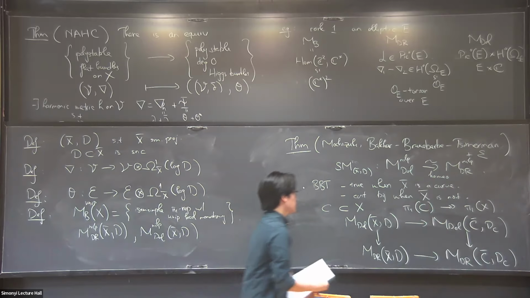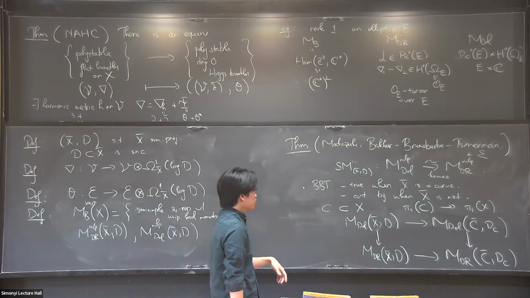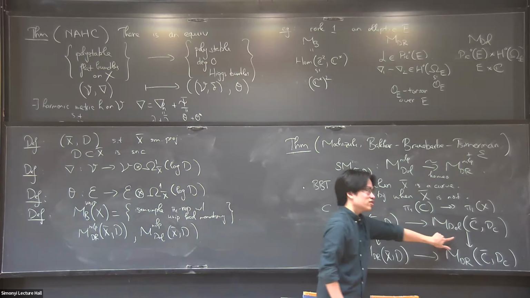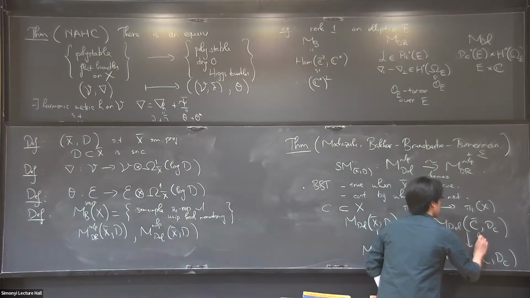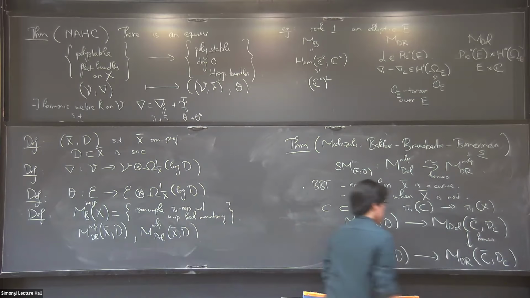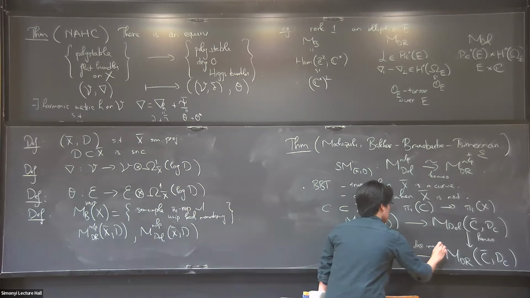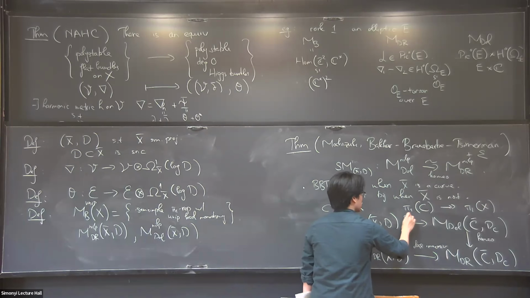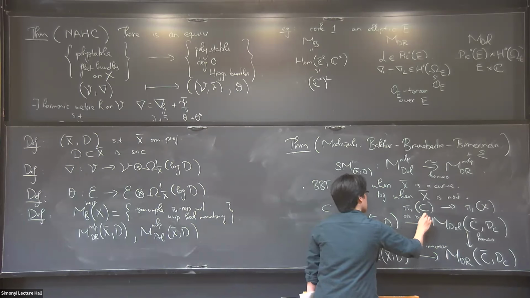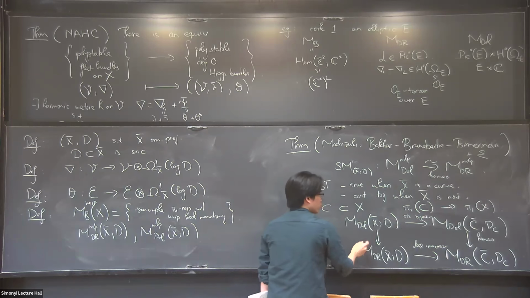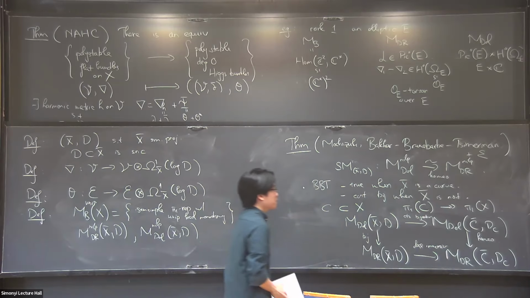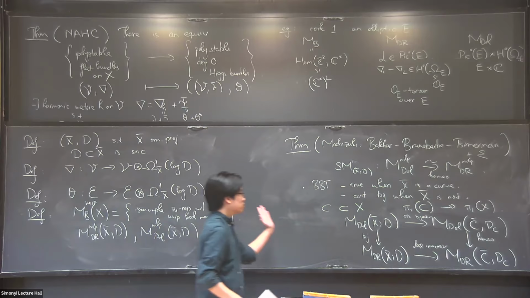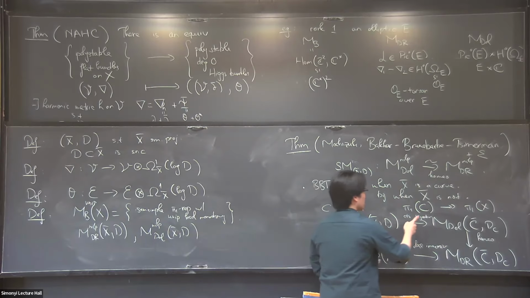Okay, so we know that this is a homeomorphism. And we know that this is a closed immersion. This is an algebraic map. It's a continuous bijection. And this is also an injection, yes, this is a continuous injection.